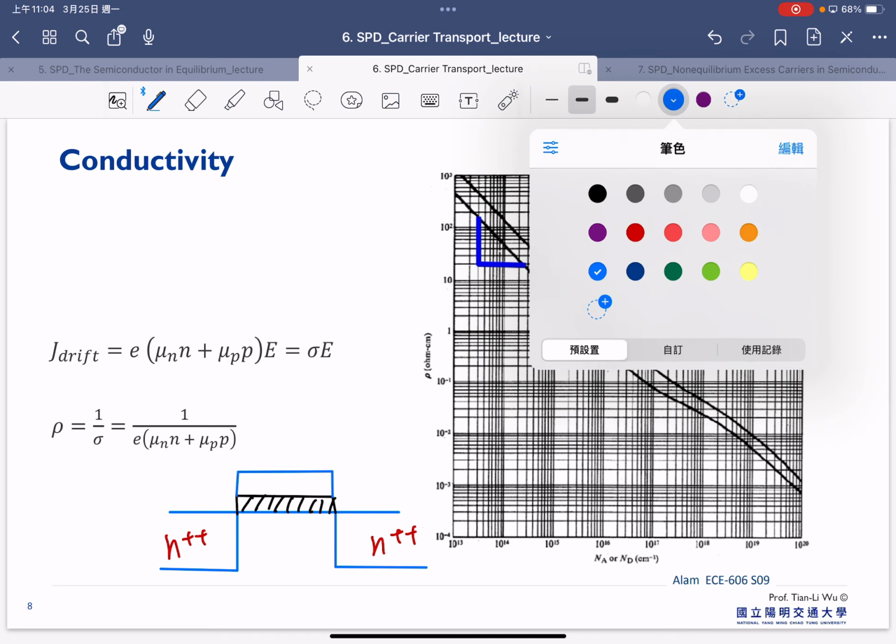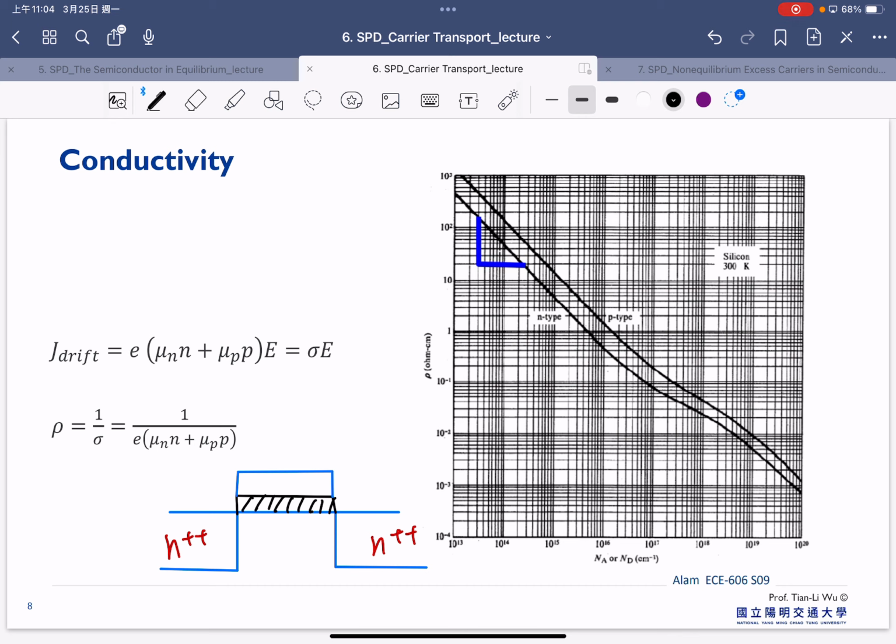So the resistance network for this MOSFET is shown here. First of all, we have the contact resistance, because you put metal on top of your semiconductor. These are two different materials, so there must be a contact resistance in between. And later, with this source region, we also have a source resistance.